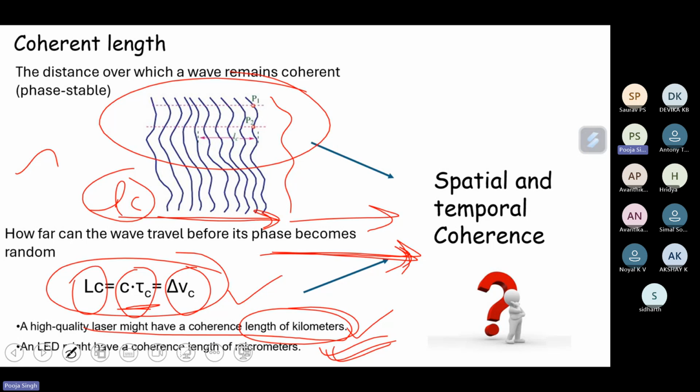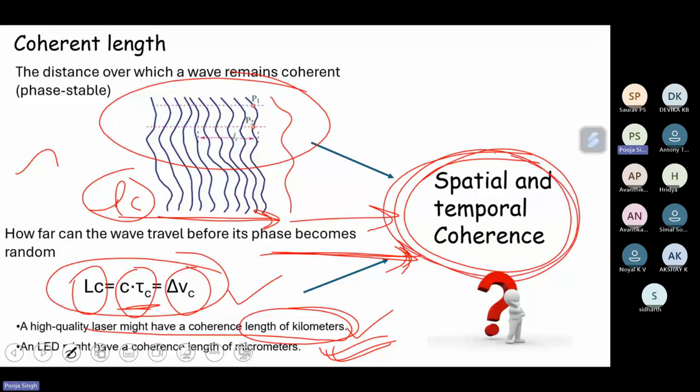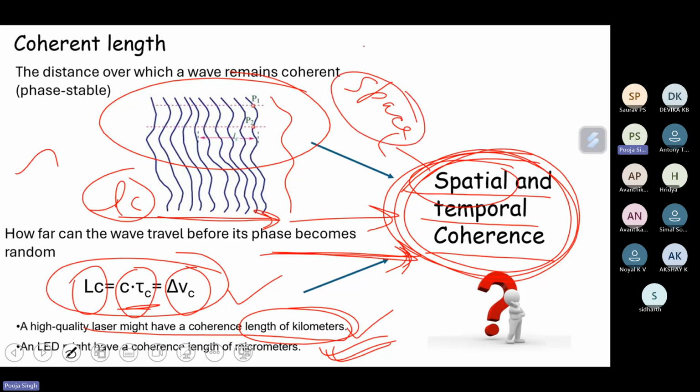It is divided into two parts, coherence time and coherence length, and now it is further divided into two categories. It is basically categorized into spatial and temporal coherence. Spatial means space. When it is space, that means length is coming, right?